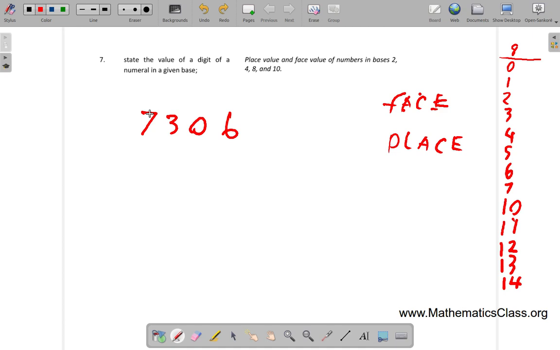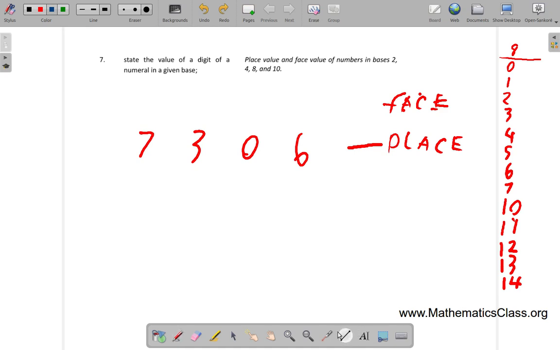Now let's look at the place value. I want to look at the place value now. It's 7306. Let's put them so that you have more space between them. Alright, that's 7306.